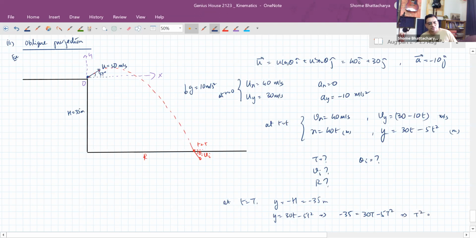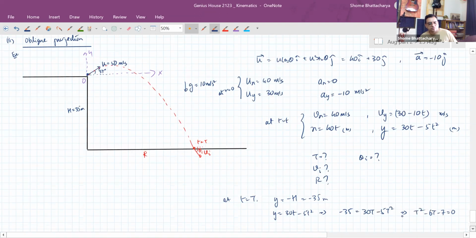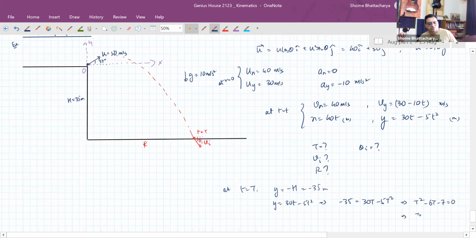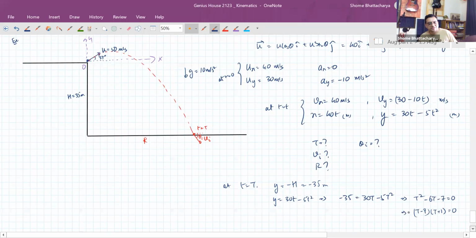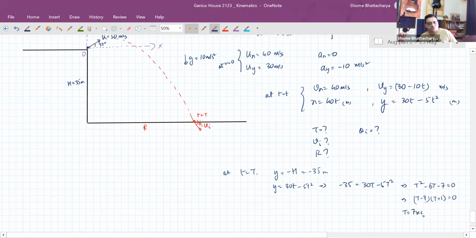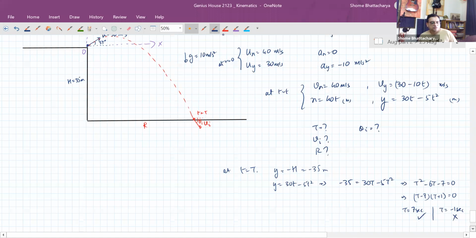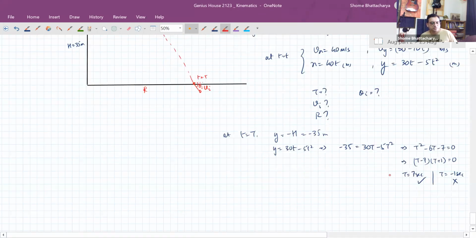So we can write that as t square minus 6t minus 7 is equal to 0. That is (t minus 7)(t plus 1) is equal to 0, right? So t is either 7 seconds, which is the correct answer, or t would be minus 1 seconds, which would not make sense, negative time. So time is 7 seconds.